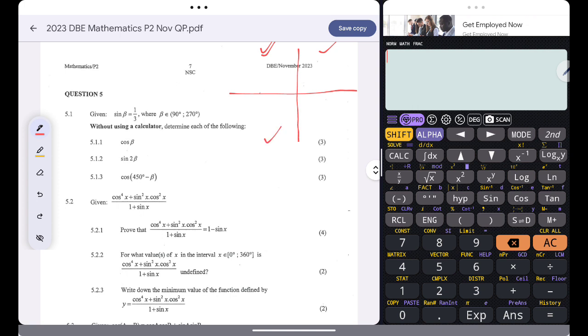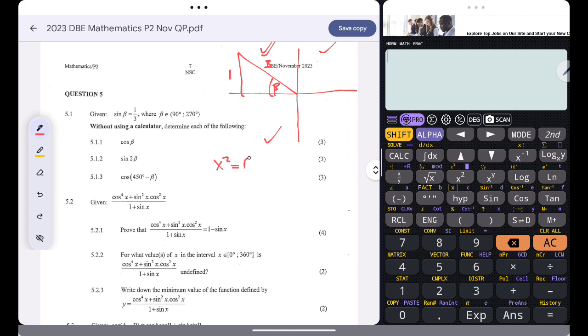My right angle triangle will be always where I have the most number of ticks. So I'll have my right angle triangle. I'll have beta. Okay, by definition, sine is opposite over hypotenuse. So if this is 1, then this is 3. Then all I need to do is to find the adjacent side. Adjacent side is x.